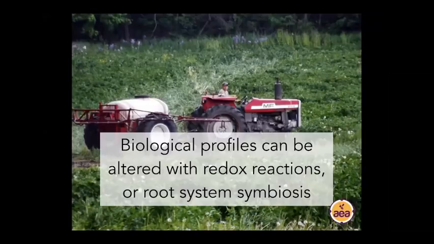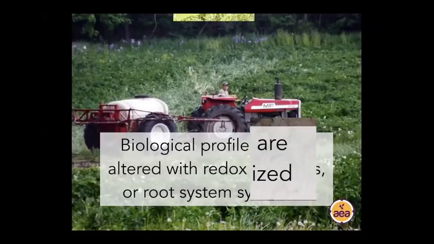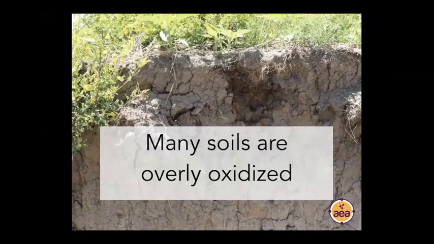So they will shift soil and the soil's microbial community to either become more disease suppressive or to become more disease enhancing. So the challenge with many of our farm management practices today is that we do many things which tend to have a very oxidizing effect. We apply limestone, we apply nitrogen fertilizers, many farmers still till their soils.